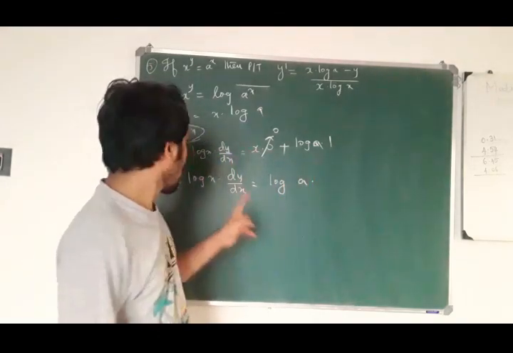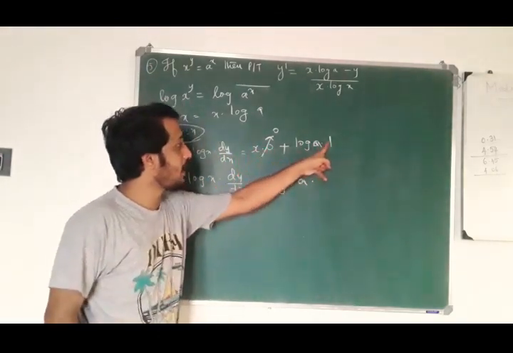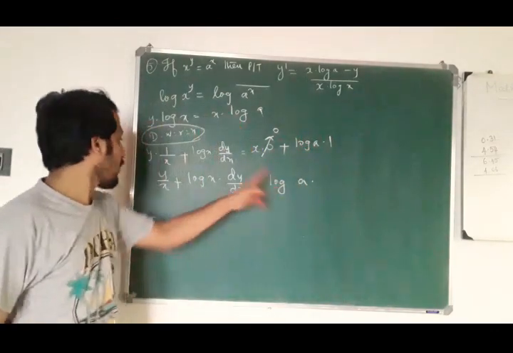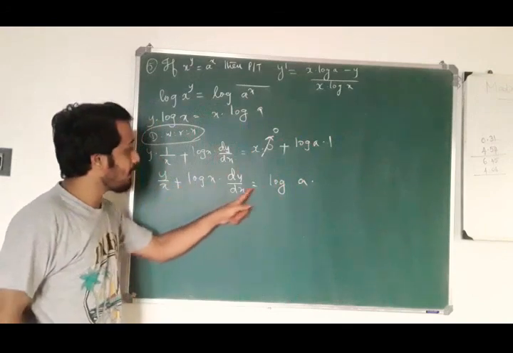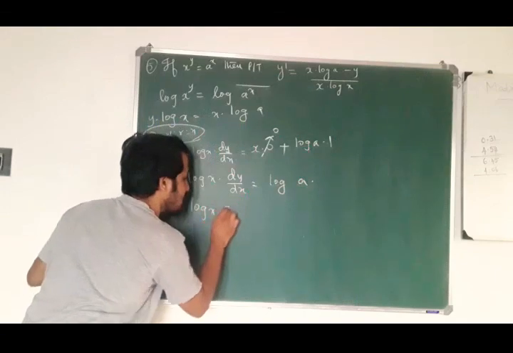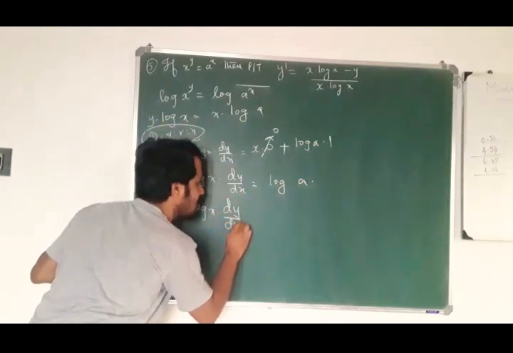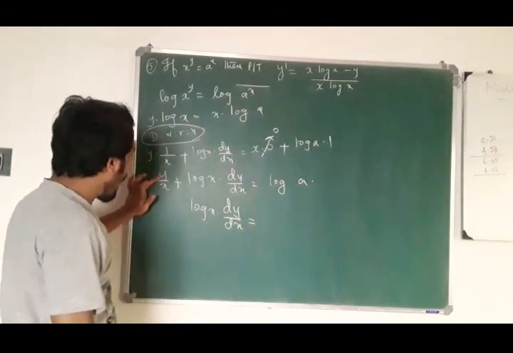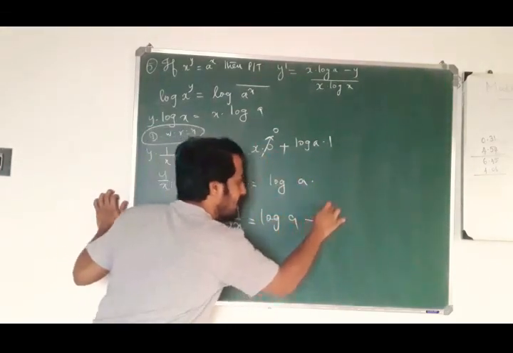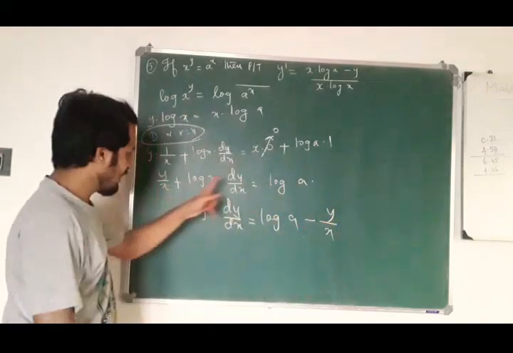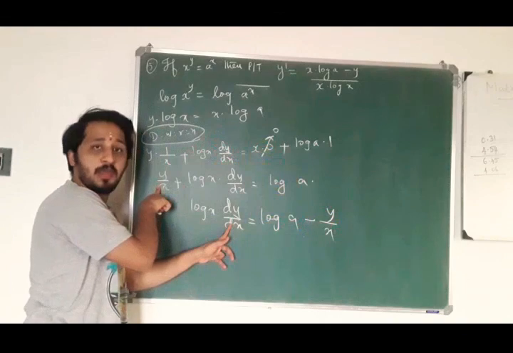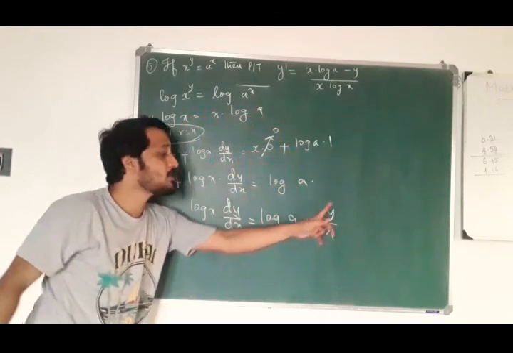Is it clear to everyone? This entire term will be 0, and log a into 1 is log a. So y by x plus log x into dy by dx is equal to log a. The dy by dx term I am keeping on one side, the remainder on the other side. So log x into dy by dx is equal to log a minus y by x.